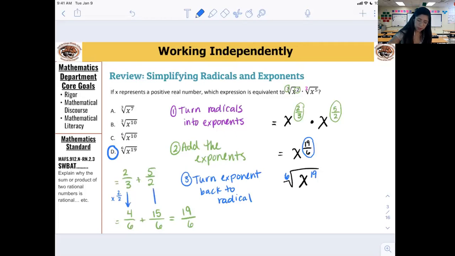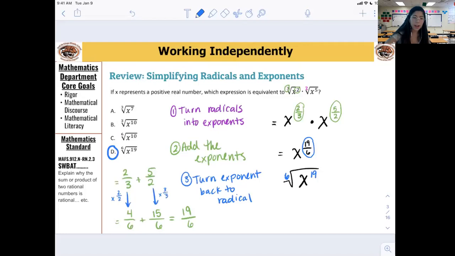Now with 5/2, what did I multiply it by? I multiplied it by 3/3. 5 times 3 is 15. 2 times 3 is 6. Now they have matching denominators.